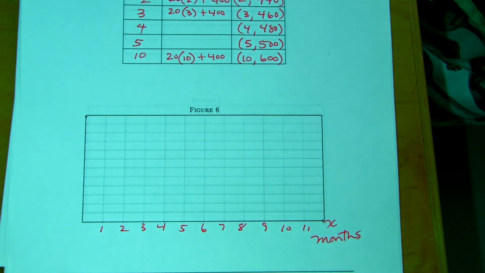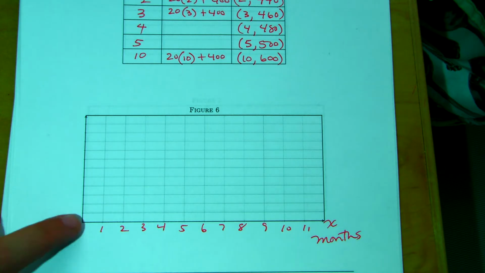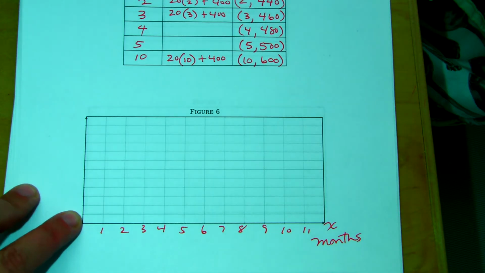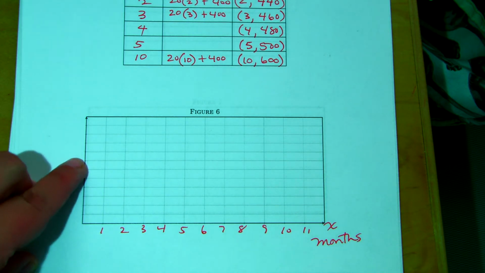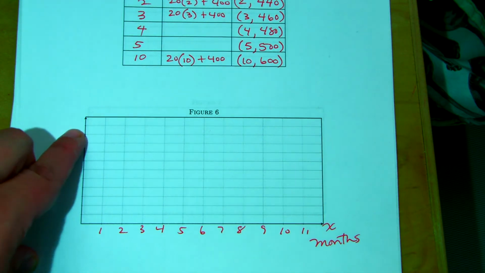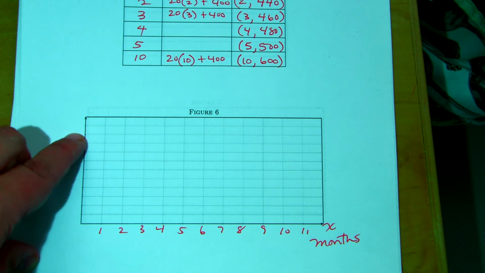What kind of scale would you want to use for the y-axis so that you could actually show these points? Count by 20. And notice that's even going to be a little bit problematic. I see why you would want to use 20, but it's a tiny bit problematic because if I go 20, 40, 60, 80, 100, 120, 140, 160, 180, 200, I still don't even have my y-intercept on here.